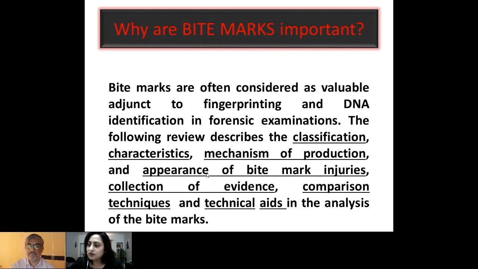Examination is to attempt to scientifically link the dentition of a potential biter with a bite mark. And it may be found on skin or some other material, and the crime scenes are thoroughly searched for this, just in case we find a clue to the potential biter and thereby the killer. Maybe.